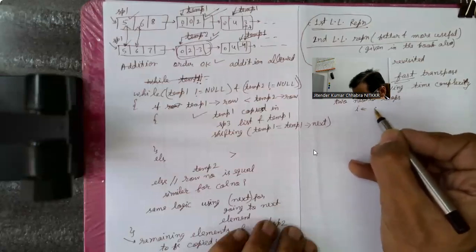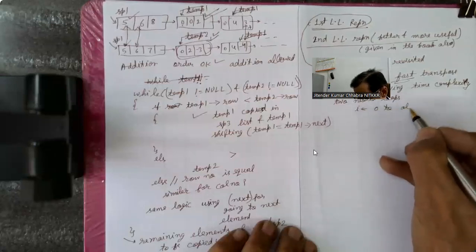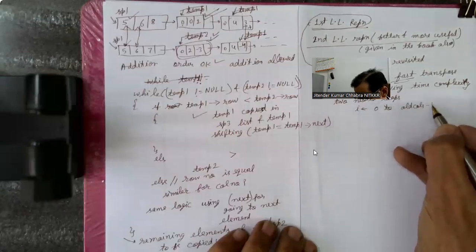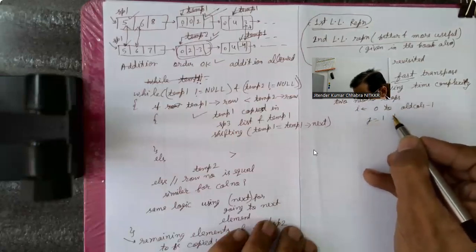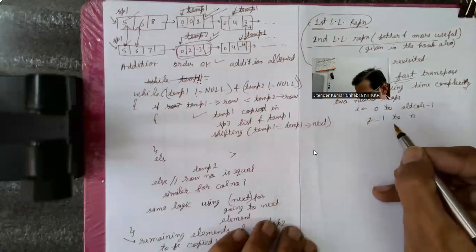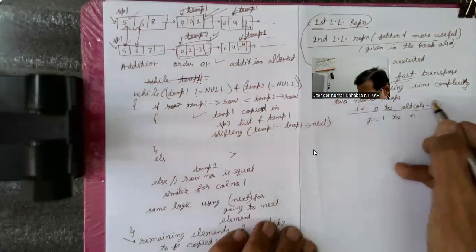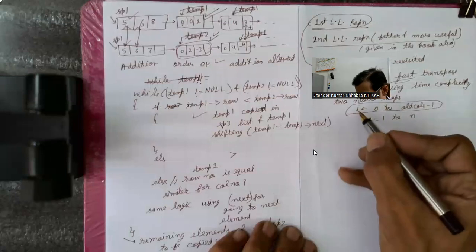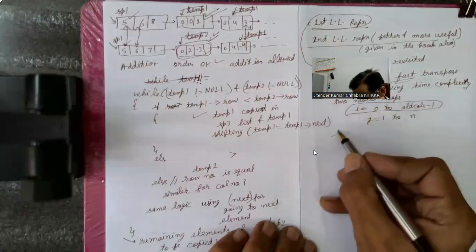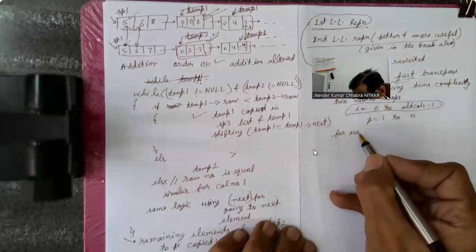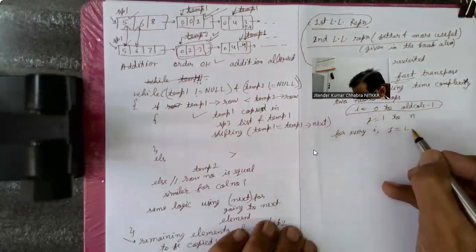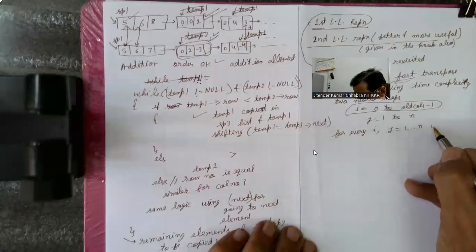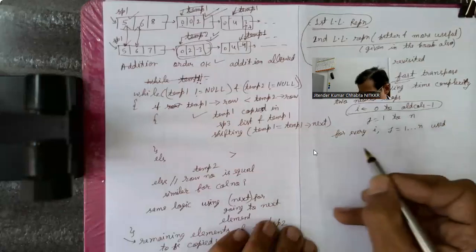We had the i loop from 0 to old columns minus 1, and then we had j equal to 1 to non-zero. Effectively, old columns times, for every i, we had the second loop j being used 1 to n always.